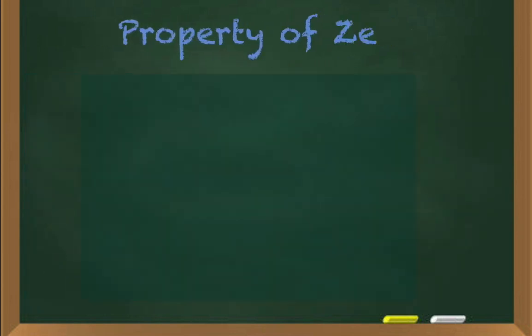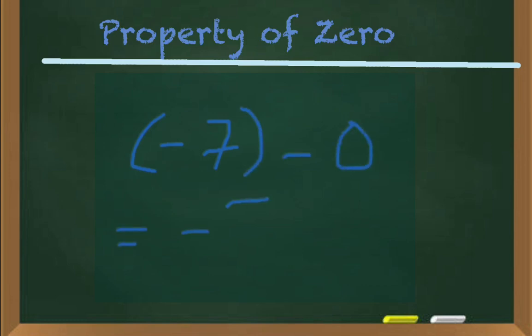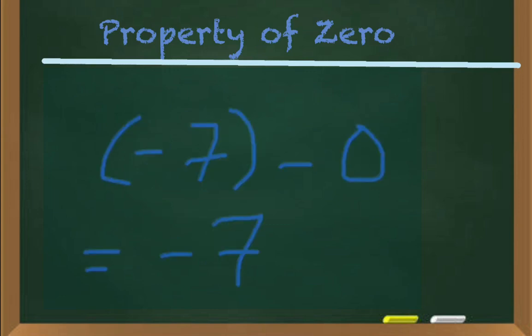For example, we have to subtract 0 from 50. So we are getting 50 as the answer here. Similarly, minus 7 subtracted by 0 is equal to minus 7. So in short, when 0 is subtracted from any integer, we get the same integer, as you can see in the examples.